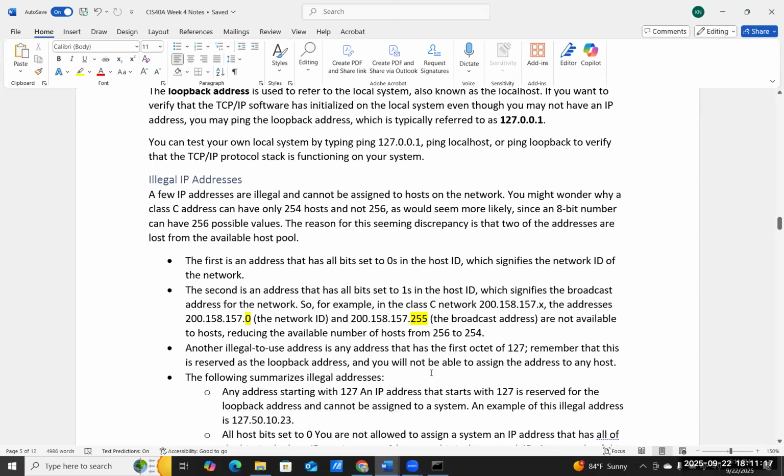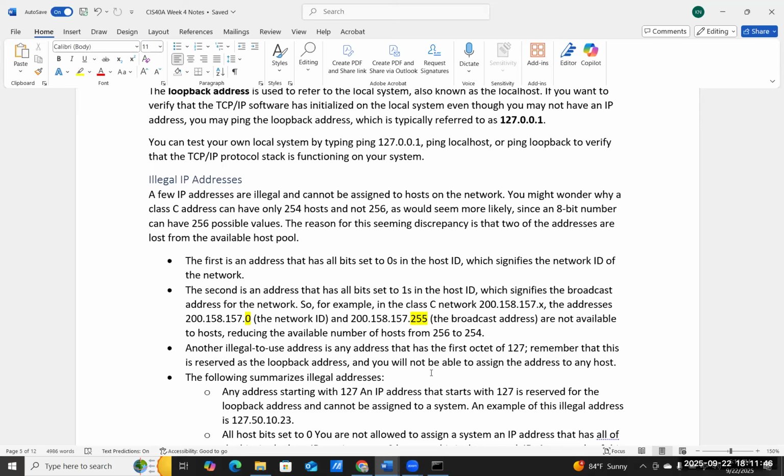So we're gonna look at this section. When you are setting up IP address for actual systems, server, PC, mobile devices, copier, printer, you cannot use the 0 for host ID or 255 for host ID. 0 for host ID indicates that this is a network ID.